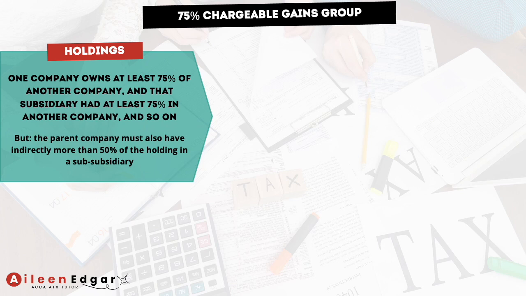So this is similar but slightly different to our group relief groups, where they had to have a 75% relationship from the top company to the bottom company directly or indirectly. Here for a gains group, we need 75% in each direct part of the chain and more than 50% relationship indirectly. Let's look at an example.